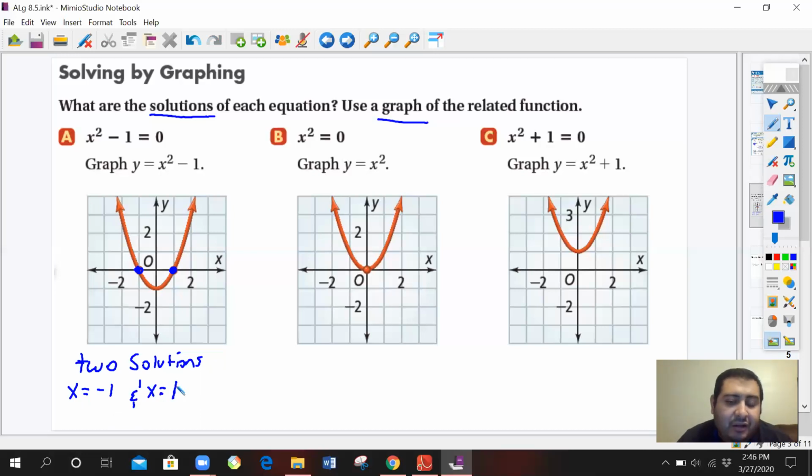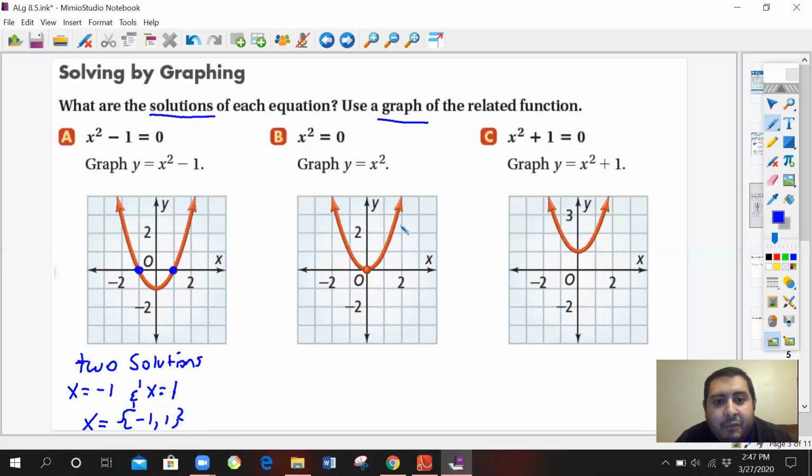Instead of writing two things separately, you could also write x equals, using brackets, -1, comma, 1, and close the brackets. Notice I did not use parentheses. Parentheses are like a coordinate, a location on the graph, but brackets mean a set of numbers. So technically these two are the same thing.